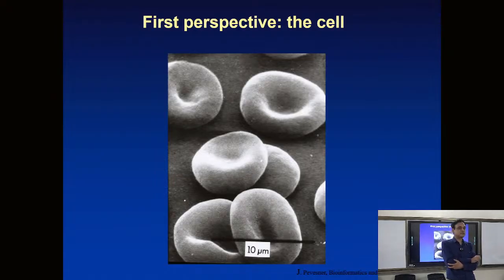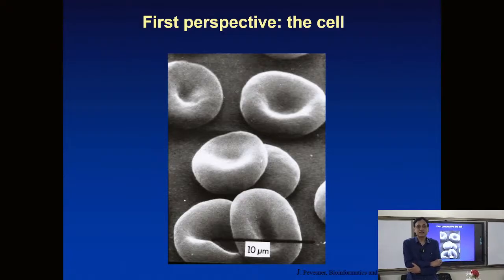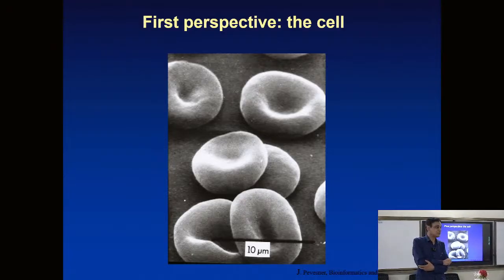Each of these cells in a human has a genome, and that genome has approximately 3 billion nucleotides.